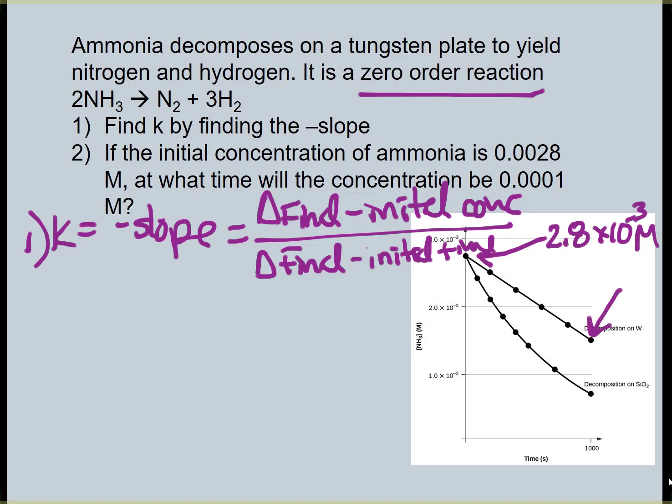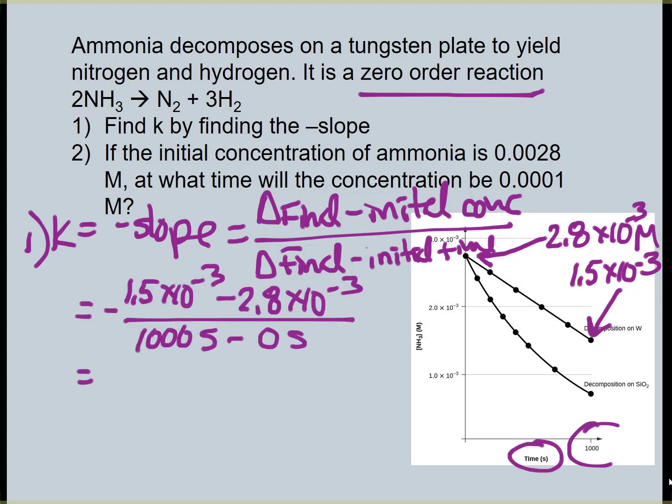That's about right in the middle, so that's 1.5 times 10 to the minus 3. And over time, that would be 1,000 seconds because my time is in seconds. Doing my math, I have a negative 1.3 times 10 to the minus 6 molarity per second. So that's what my K is.